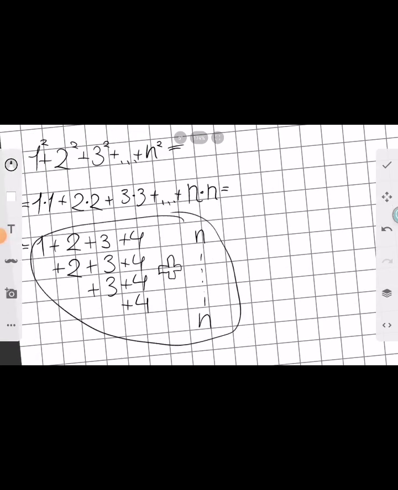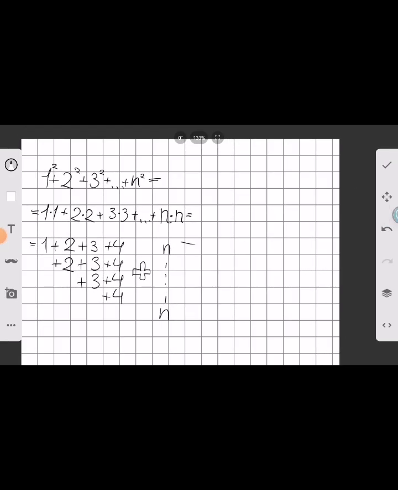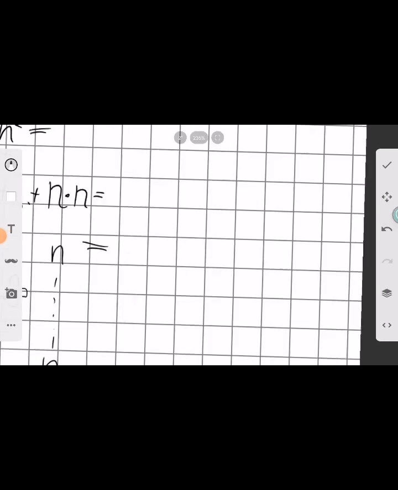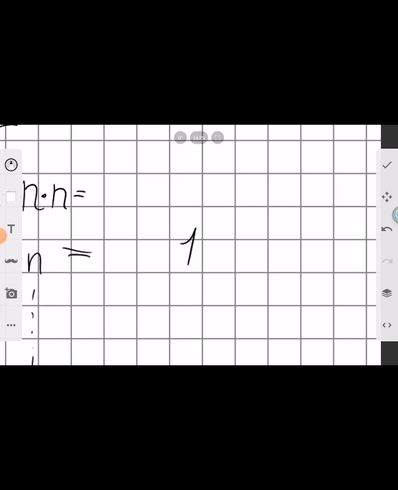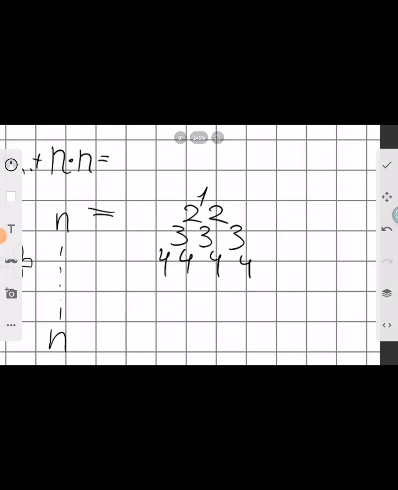What is this thing actually? This is a triangle, I think. This is clearly enough a triangle with a 1 at the top, then 2 of the 2's, and 3 of the 3's, and 4 of the 4's, and maybe 5 of the 5's. And what is the action we are going to perform here?